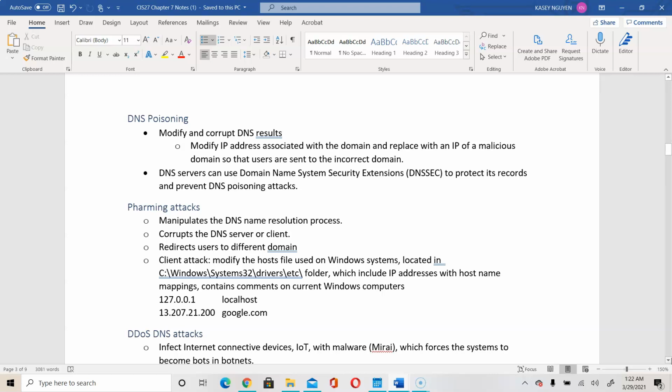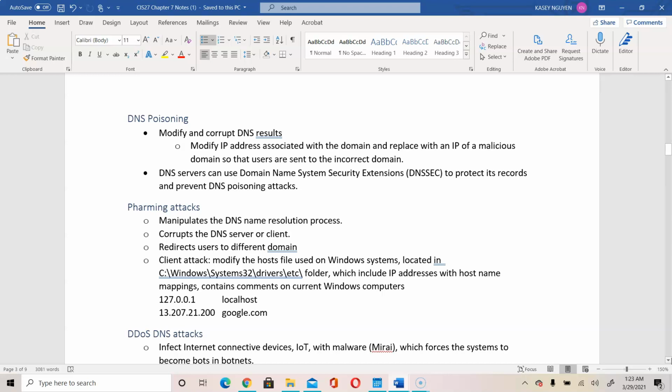Another form of attack that relates to DNS would be farming, in which they manipulate the DNS name resolution process. It corrupts the DNS server or the client and redirects the user to a different domain. So the hosts file on Windows systems is located in the C:\Windows\System32\drivers\etc folder.